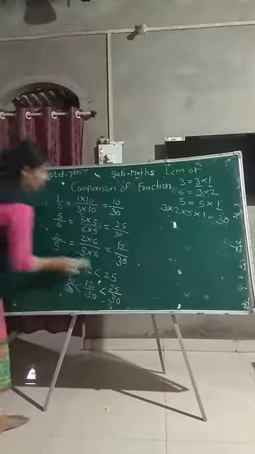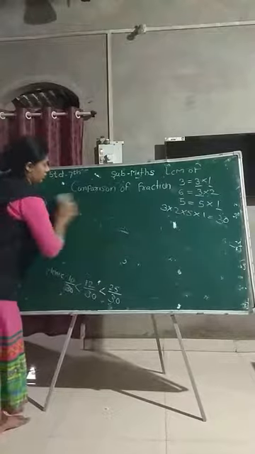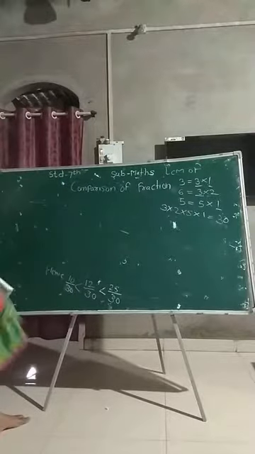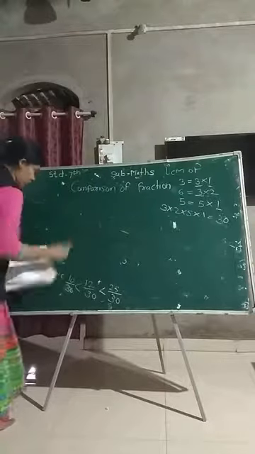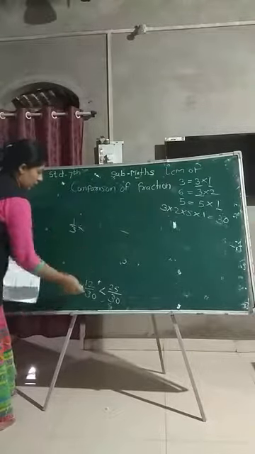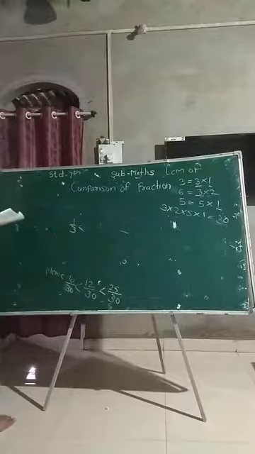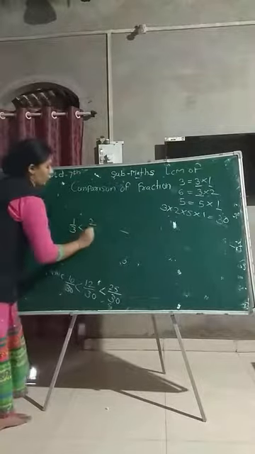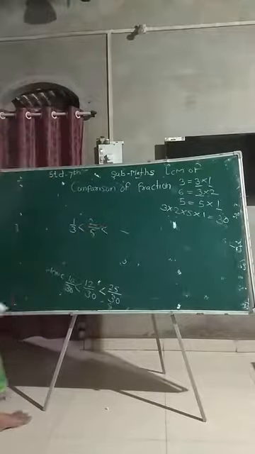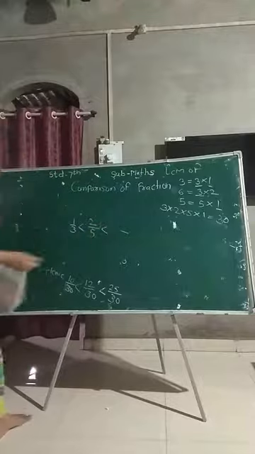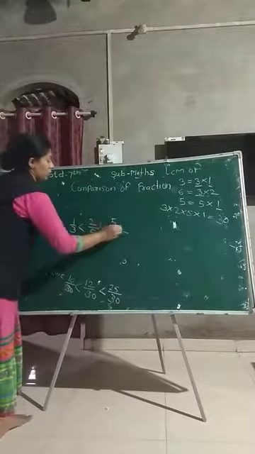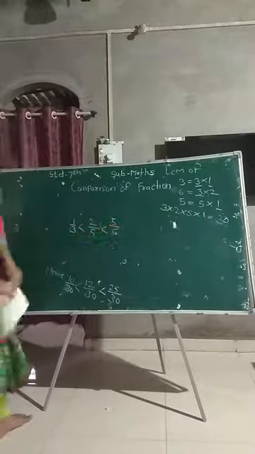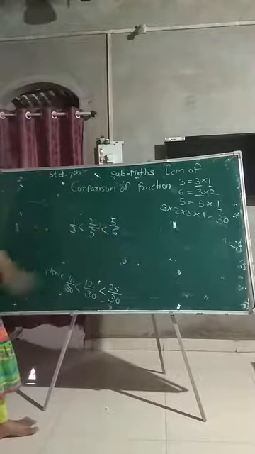So we can write the equivalent fraction of 10/30 is 1/3, which is less than the equivalent fraction of 12/30, which is 2/5, which is less than the equivalent fraction of 25/30, which is 5/6. This is ascending order.